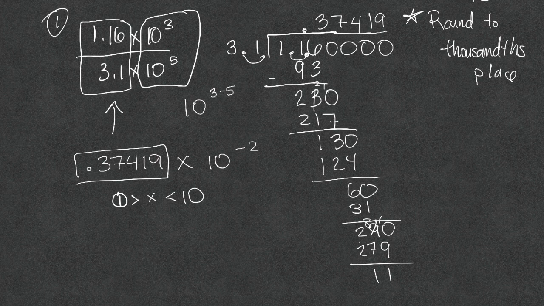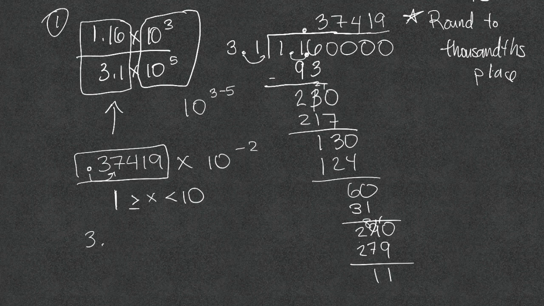Let me try that again. Equal to or greater than a 1, and then, of course, it definitely needs to be less than 10. So what does that mean? That means that we have to take this decimal place and move it over 1.